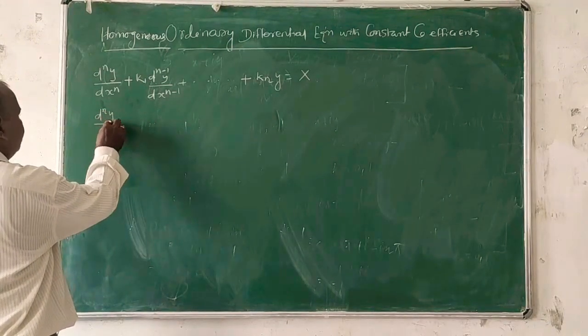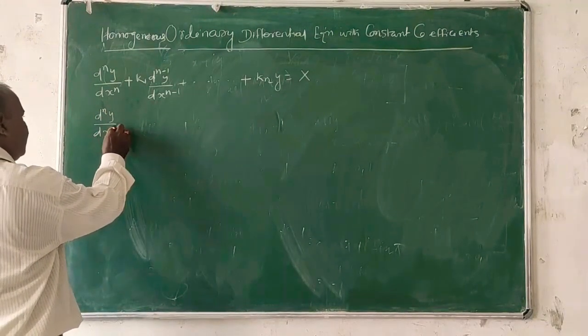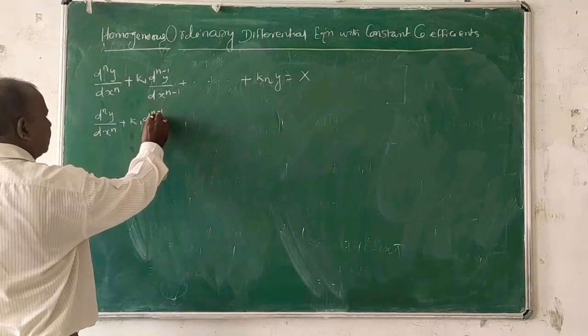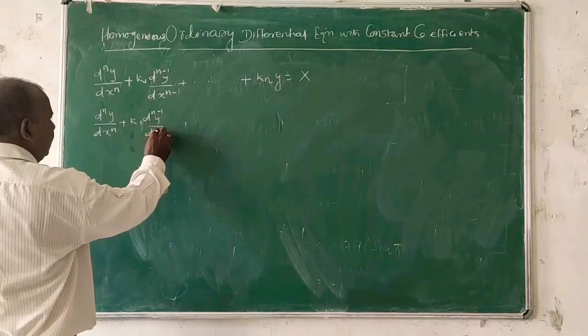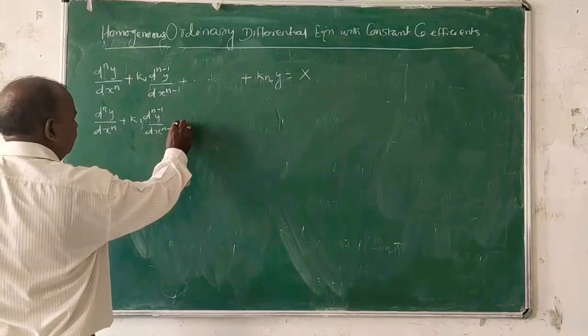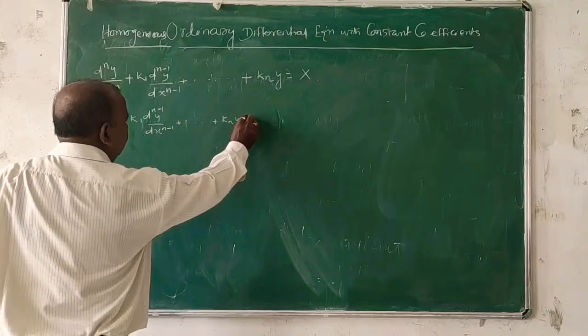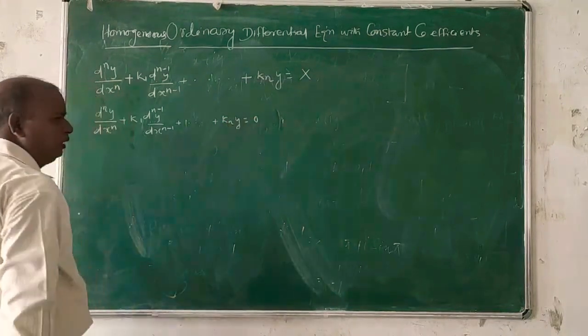First of all, you take d^n y/dx^n + k1 d^(n-1) y/dx^(n-1) + ... + kn y = 0.